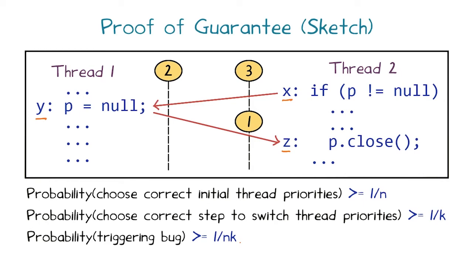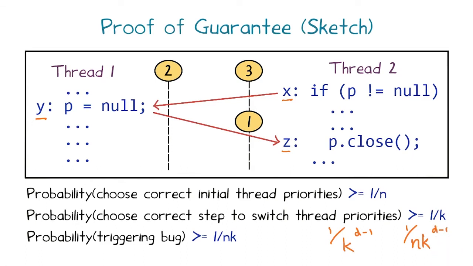The probability of picking the right set of d-1 statements for changing priorities is at least 1/k to the power d-1. And so the probability of triggering a bug of depth d ought to be 1/(n·k^(d-1)).